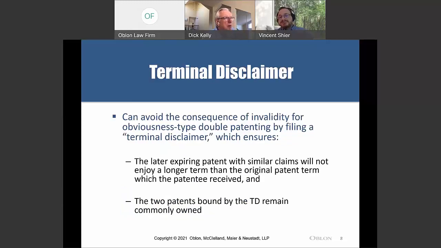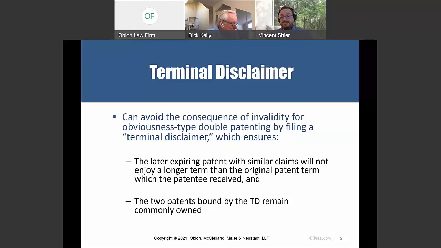One of the mechanisms that came into play in the 1950s, as a way for a patent owner to still be able to cover the full scope they were entitled to, but also to avoid invalidity on the basis of double patenting, was the creation of the terminal disclaimer that allowed a patentee to disclaim any portion of the second patent over the portion that would extend beyond the expiration of the first patent.